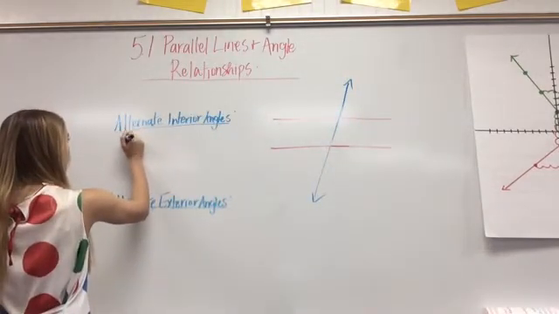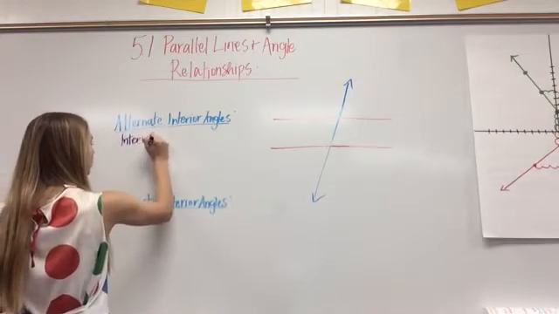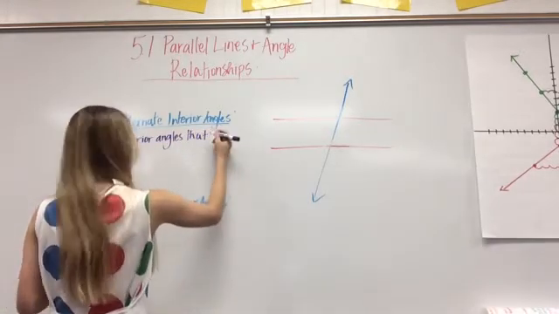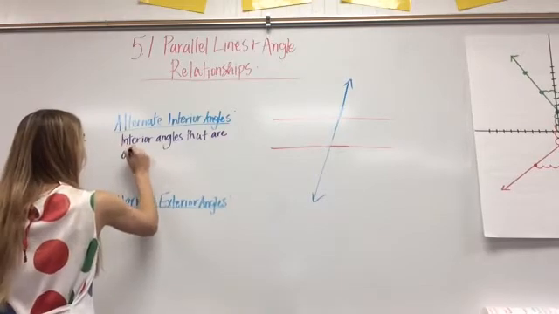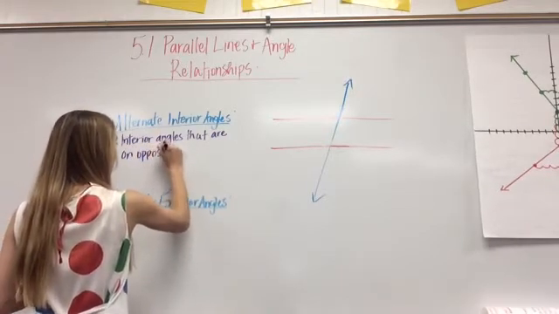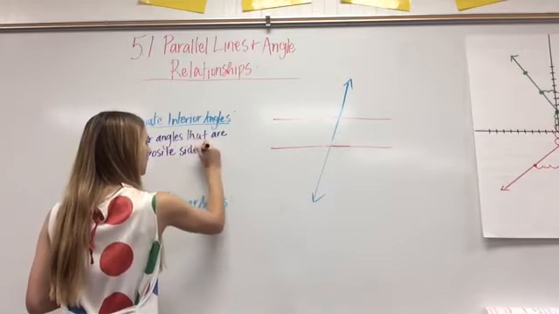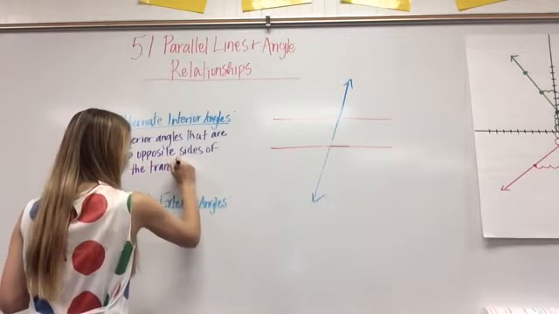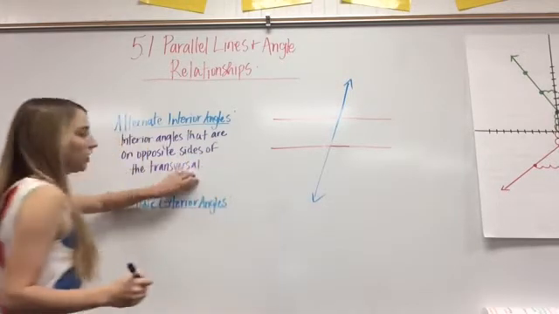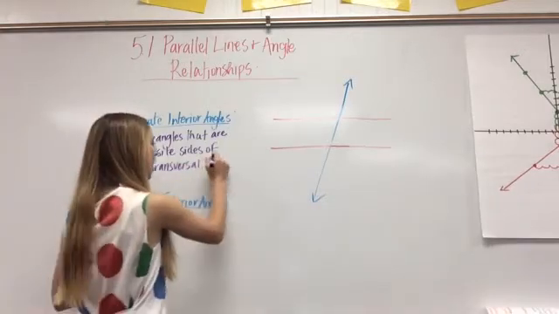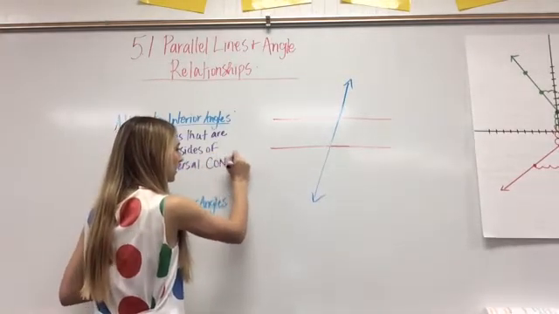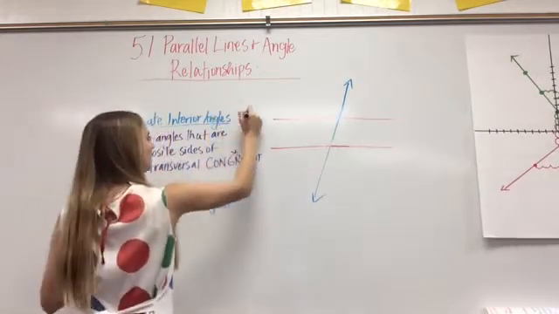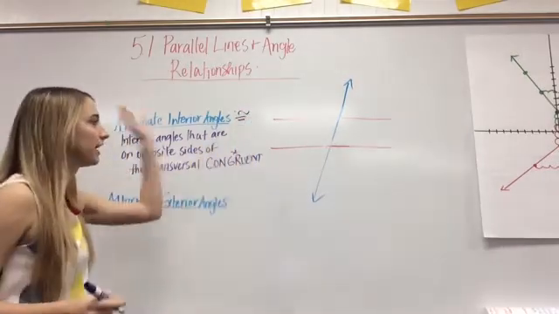They are interior angles that are on opposite sides of the transversal. Huge thing that you need to know about these is they are congruent. Make sure you have that right next to alternate interior angles. These are congruent. So they're each going to have a match.